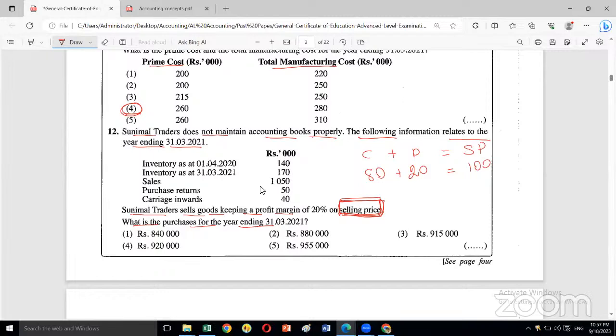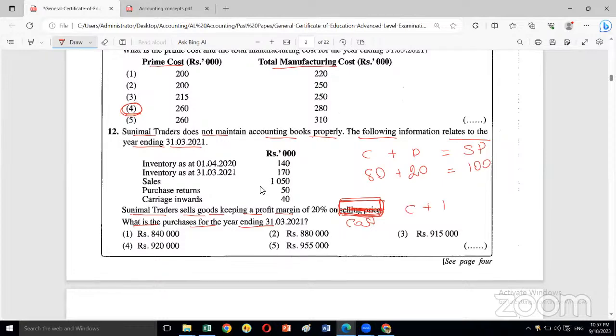Cost is 80%. Suppose they say Sunimal traders sells goods by keeping a profit margin of 20% on cost instead of selling price. I'll put the same equation and I'll show you the difference.